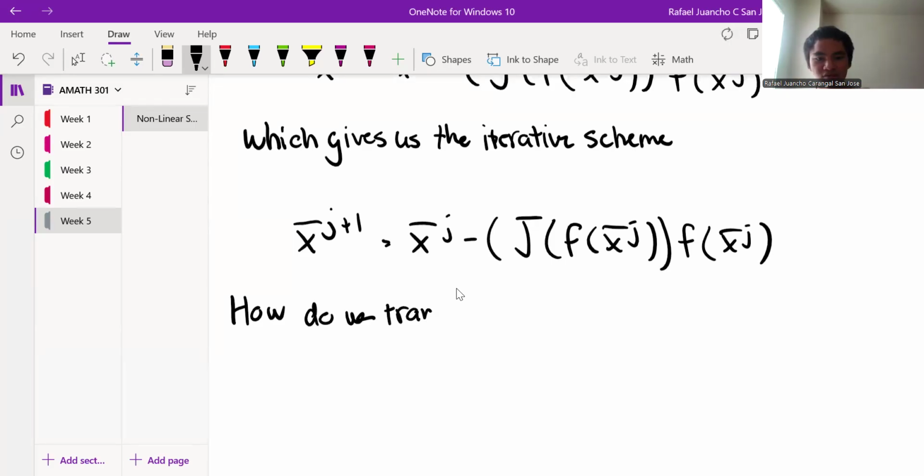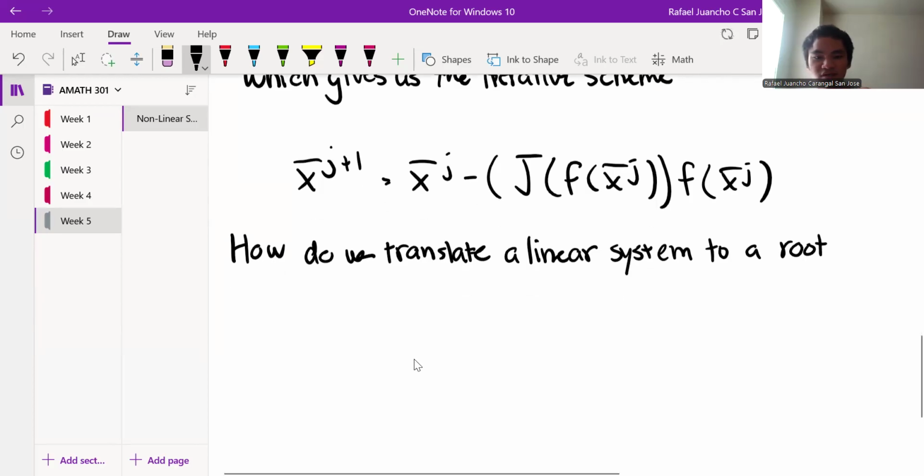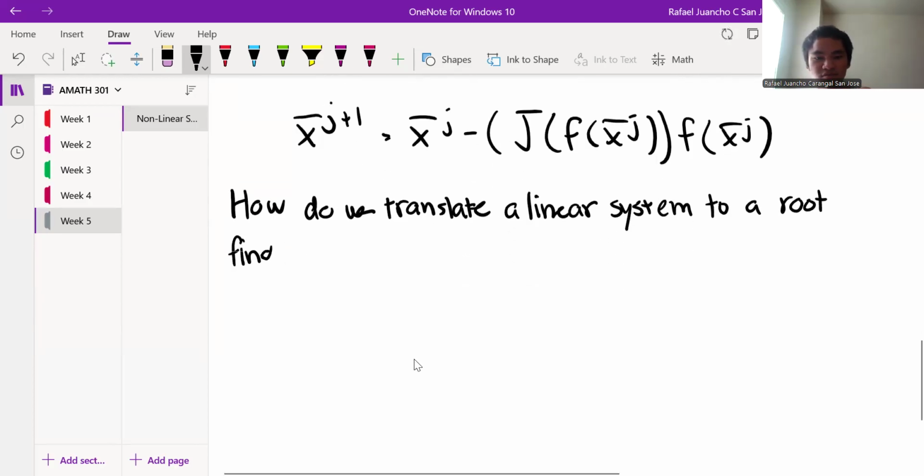How do we translate a linear system to a multidimensional root finding problem?